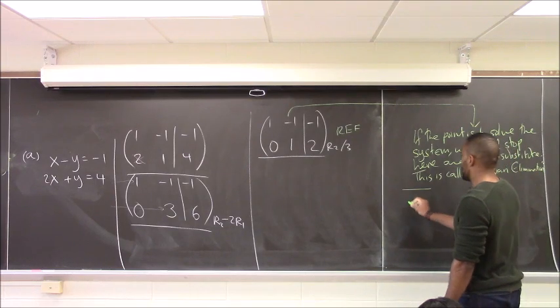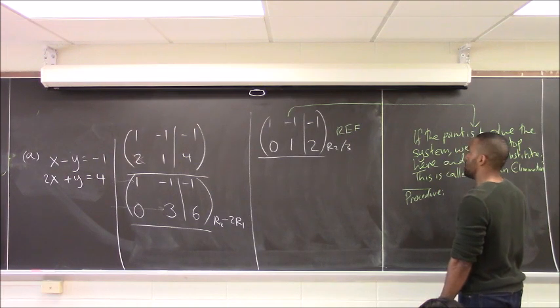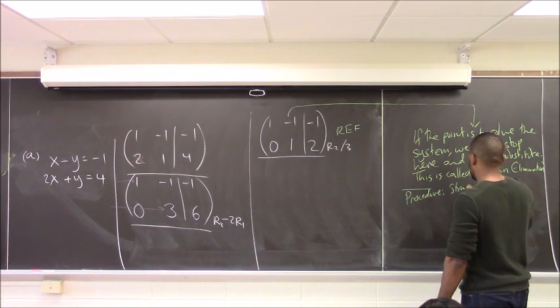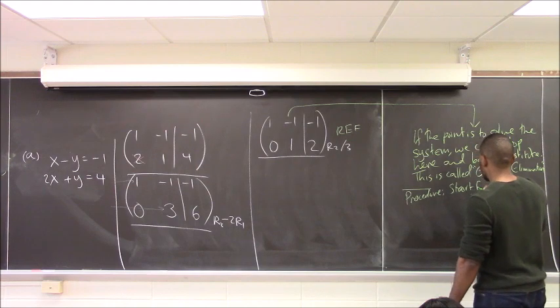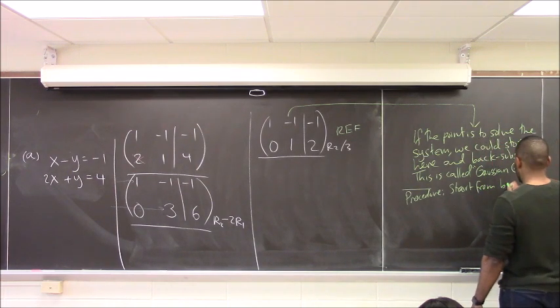Anyway, the procedure at this point would be start from the bottom row up. And this is going to be a general procedure. We'll do this for the other ones also.